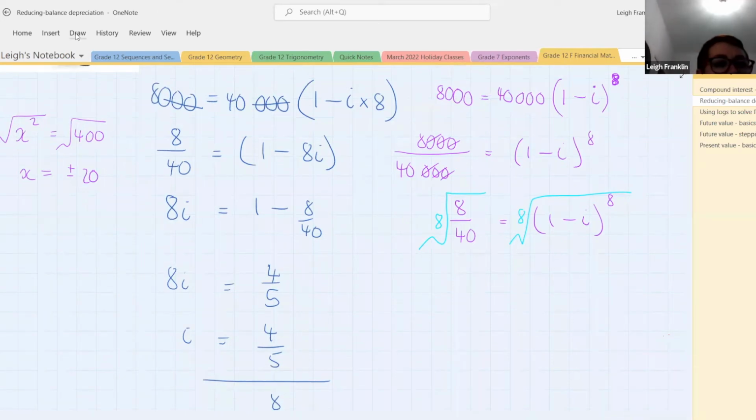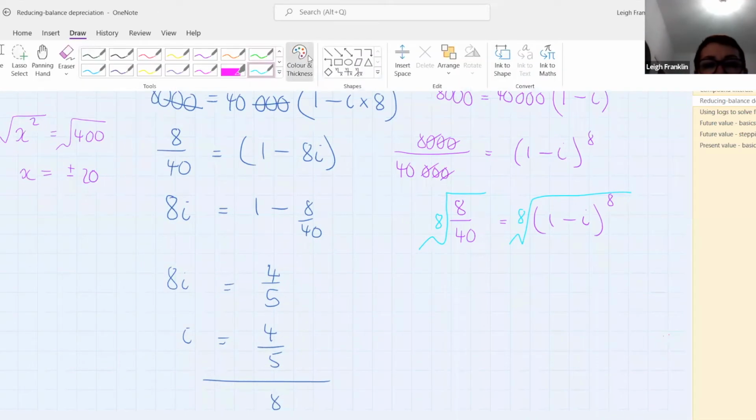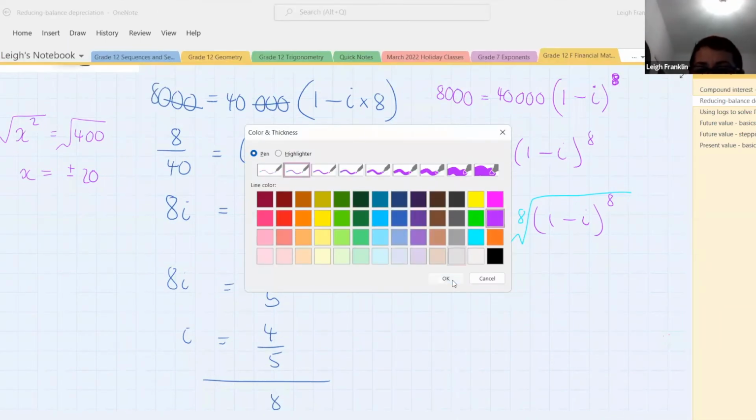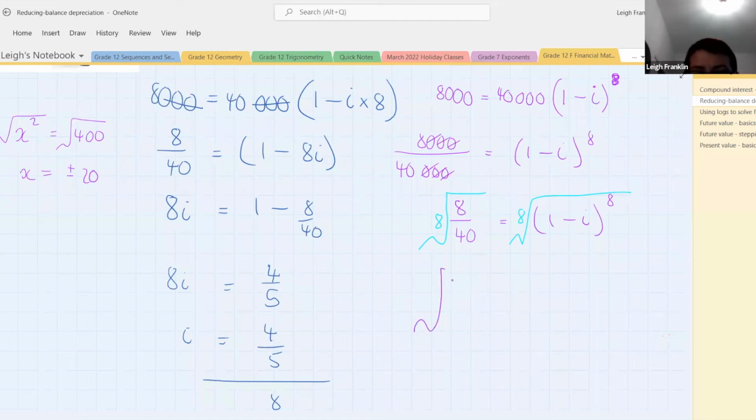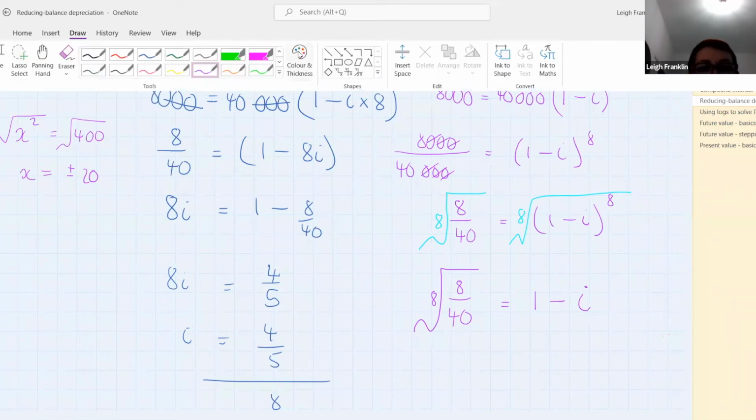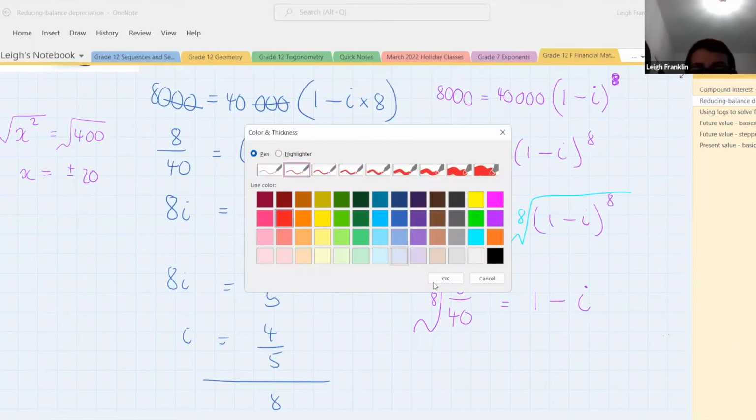So what this leaves me with is the 8th root of 8 divided by 40 is equal to 1 minus i. And now I'm going to take that 1 minus i over to the other side.